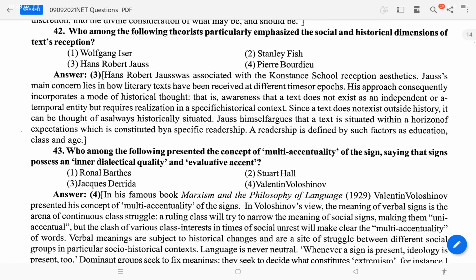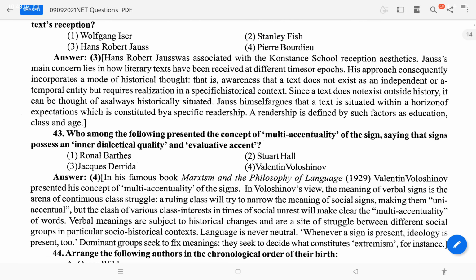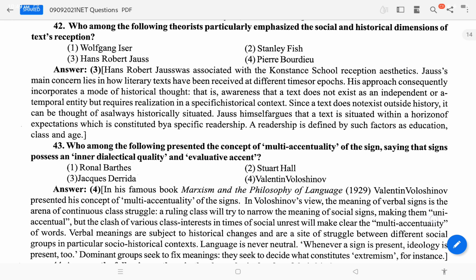Which among the following theories particularly emphasizes the social and historical dimension of text reception? And text reception, you know that's Hans Robert Jauss. Hans Robert Jauss was associated with the Constance school of reception aesthetics. Jauss's main concern lies in how literary texts have been received at different times or epochs.